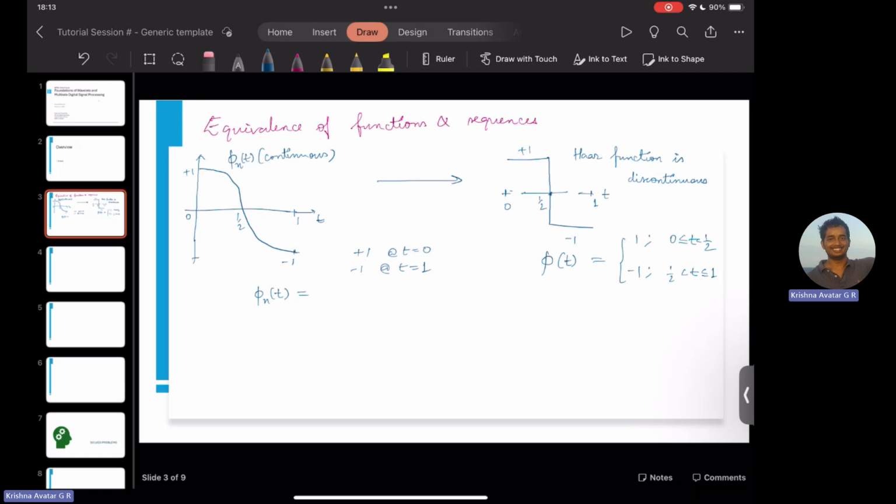So what we will do is say center something at e to the power minus, say, at t minus half.